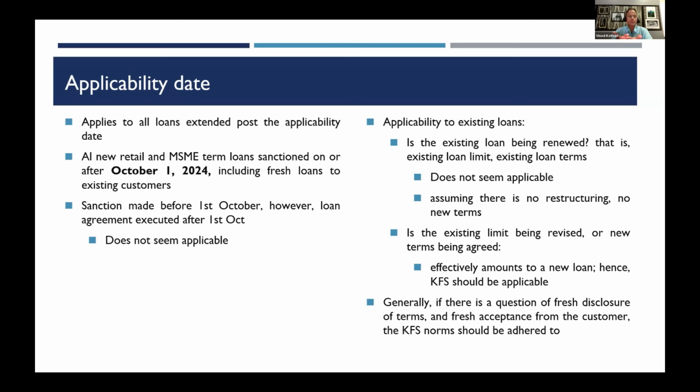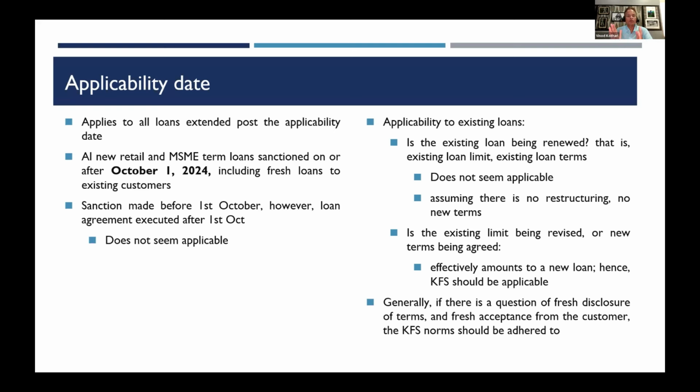If there's nothing to seek fresh confirmation on, there's nothing to demonstrate either. With a KFS, you are putting on the table what is on offer. If what is on offer is already with the borrower, nothing is being offered as of now, so there's no question of going for a fresh KFS.